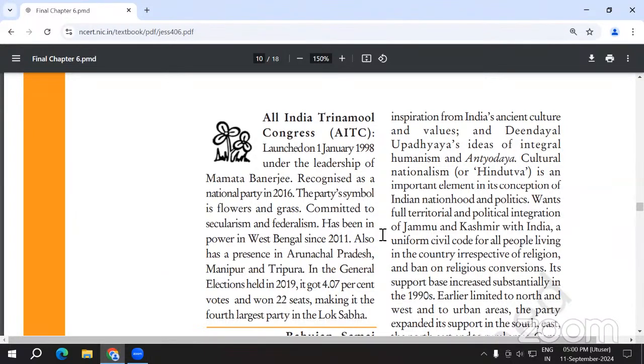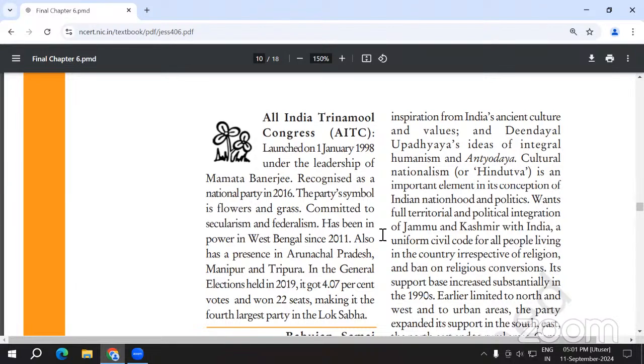And in the next election, he got support with which alliance? What was the alliance? It is known as NDA, National Democratic Alliance. And afterwards, that is 1999 to 2004, that is one term.